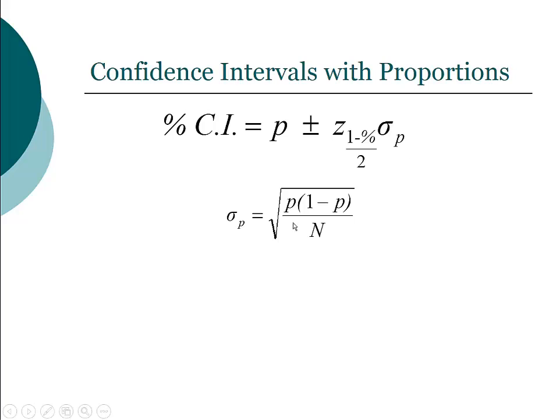It turns out that the standard deviation is determined by the sample mean, or the proportion. So let's say it's 0.9, and we're going to say 0.9 times 1 minus 0.9. Then we divide by the sample size and take the square root of the whole thing.